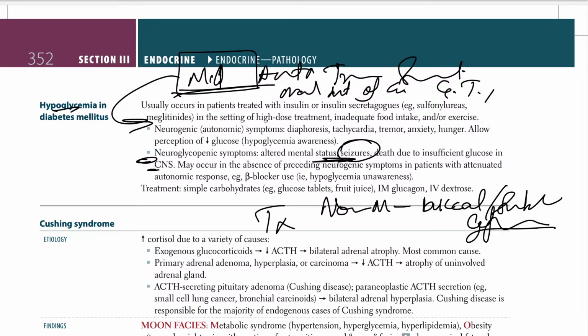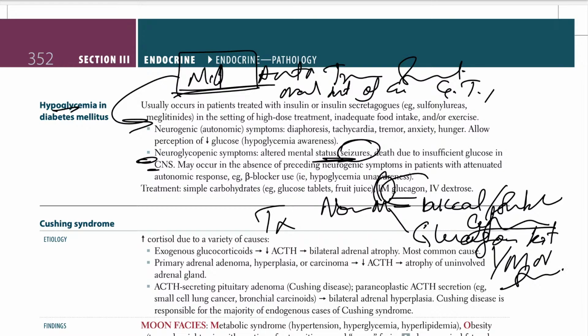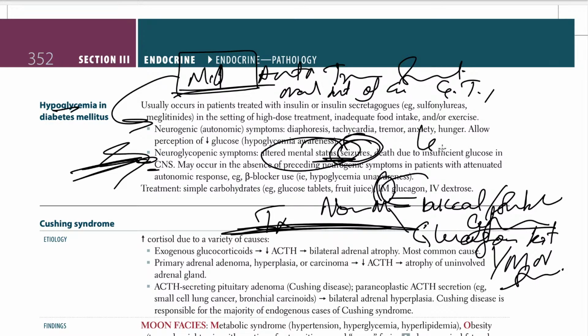Or if they have a glucagon kit, these kits are delivered either IM, intramuscular, or subcutaneous, which is mentioned here, IM glucagon. And this is only in severe cases, where you're seeing symptoms like seizures, altered mental status, loss of consciousness.